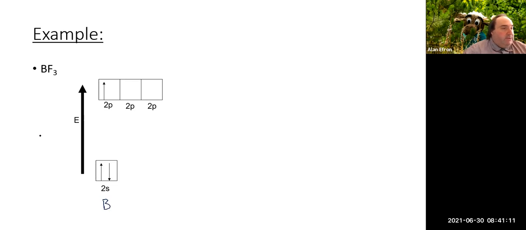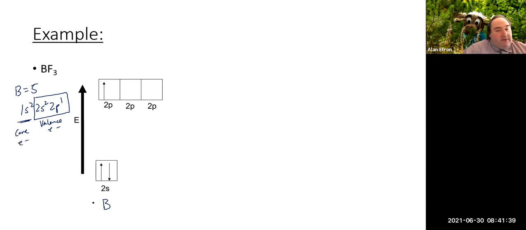Boron, being 5, would have 1s2, 2s2, 2p1. These are the valence electrons we see here in the picture: 1, 2, and 3 valence electrons. Our core electrons are not shown, but they are still there on the bottom.